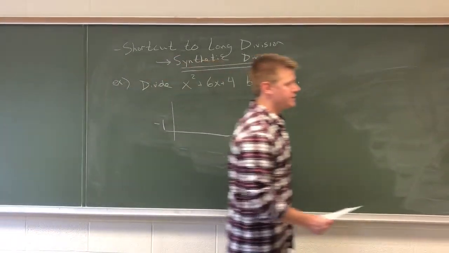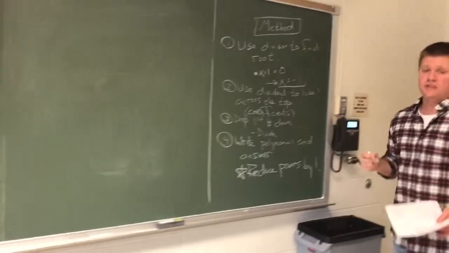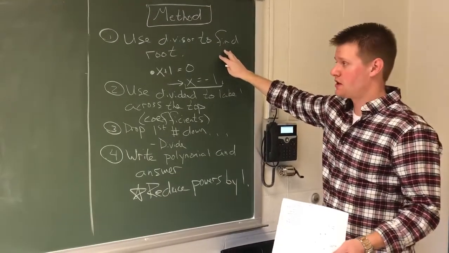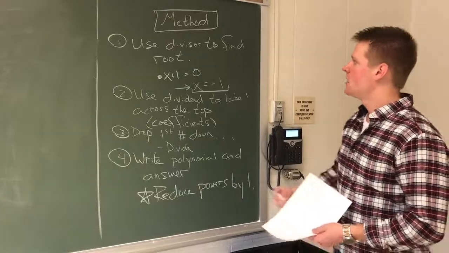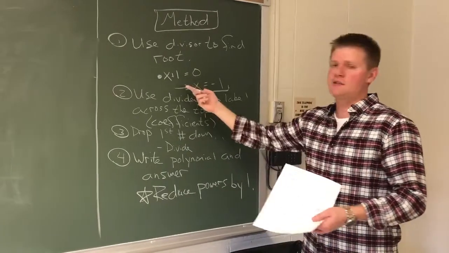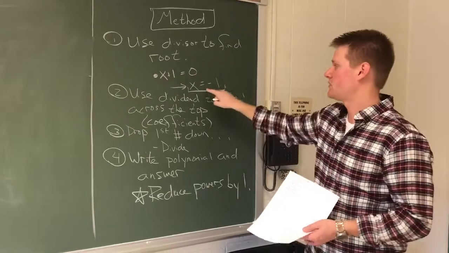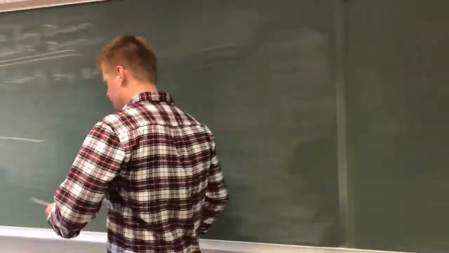If I go back to this method here briefly, I have to use the divisor, which was x plus 1. I have to use that to find what is called the root, or the zero, or solution, as we've talked about in different sections, the root of the polynomial. It's as simple as thinking what number added to the 1 there gets you to 0, and the answer to that is -1. Okay, and again, that's what we're always going to start with.